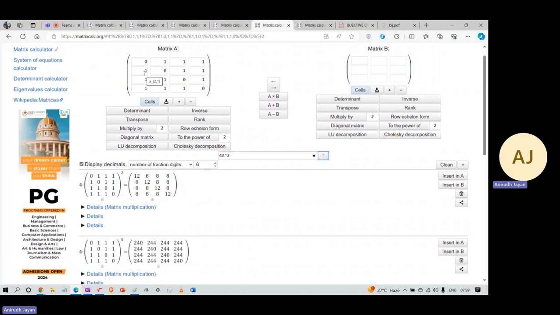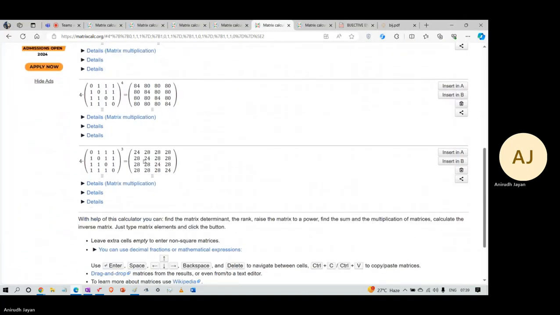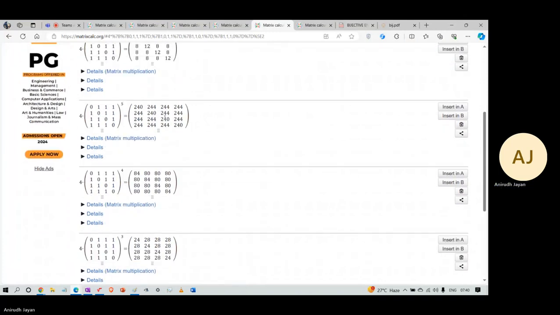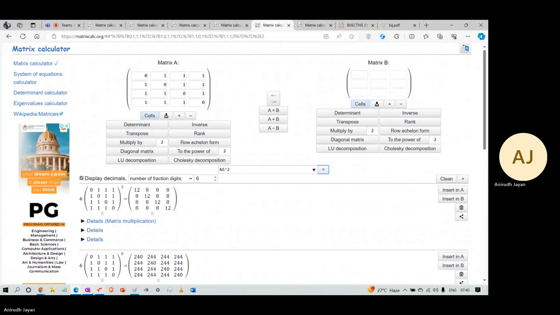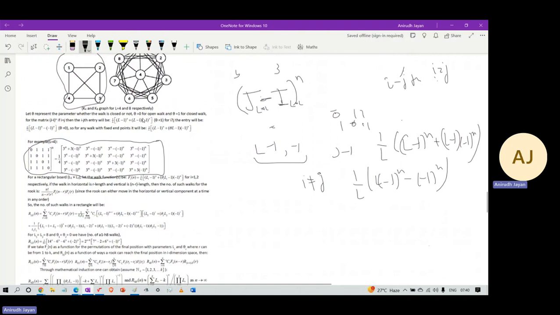And 3 square minus 1 is 8. Similarly, 3 cube plus 3 and 3 cube minus 3, 27 minus 3, 27 plus 1, 81 minus 1, 81 plus 3, and so on. So that confirms the result.